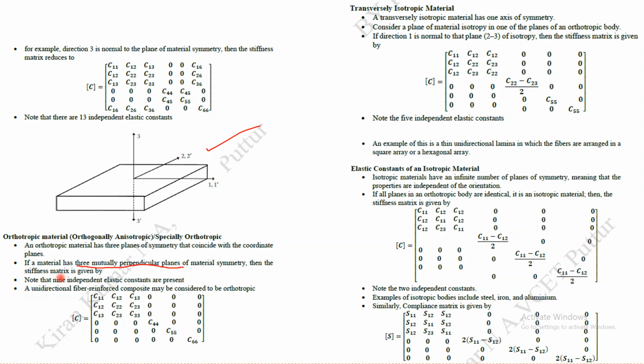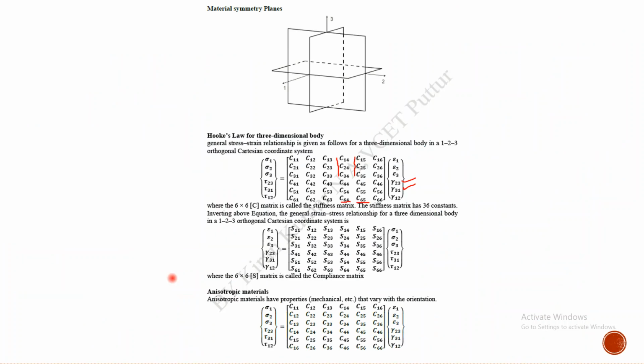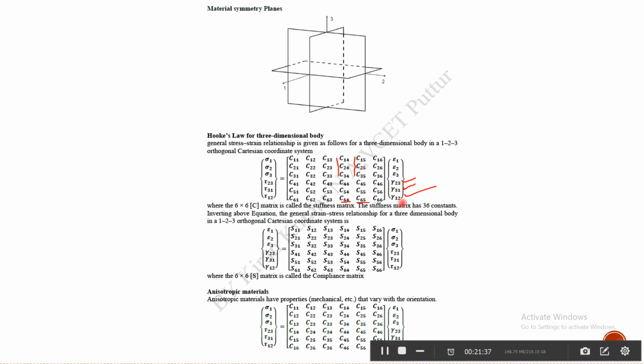If you go for those symmetrical conditions, then the stiffness matrix will be reduced in this way. These matrices remain the same. The terms multiplied to, we are going to include another shear strain also: gamma 2 3, gamma 3 1, gamma 1 2.